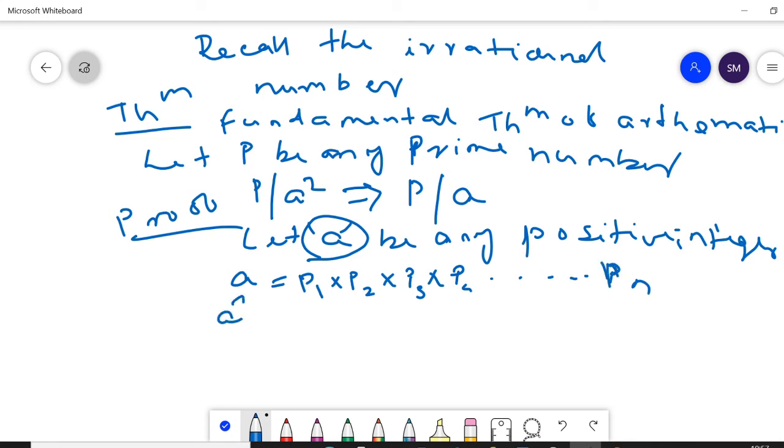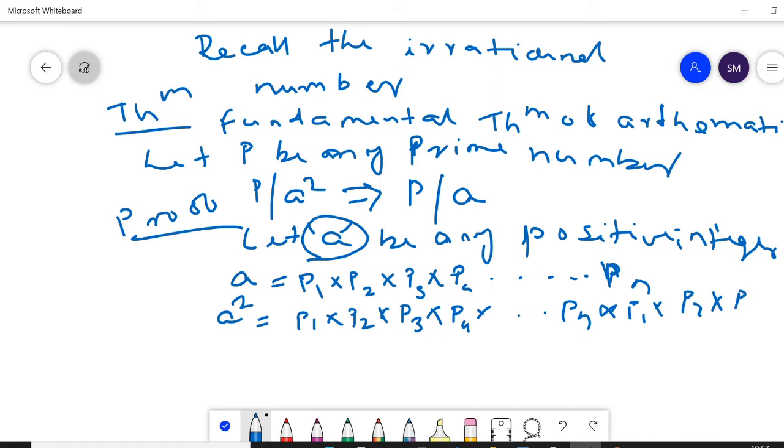Then what is A square? A square equals P1 into P2 into P3 into P4 up to Pn, into P1 into P2 into P3 up to Pn.